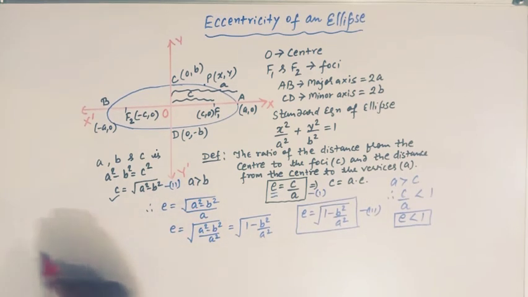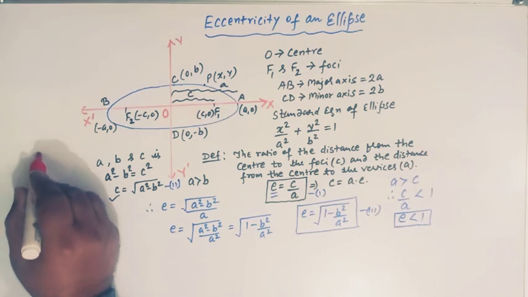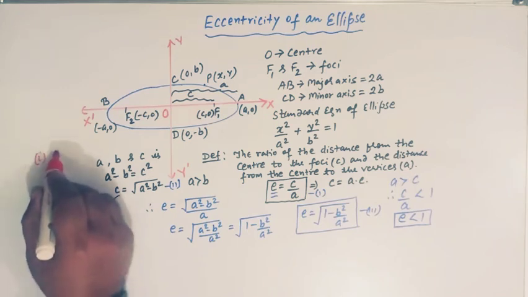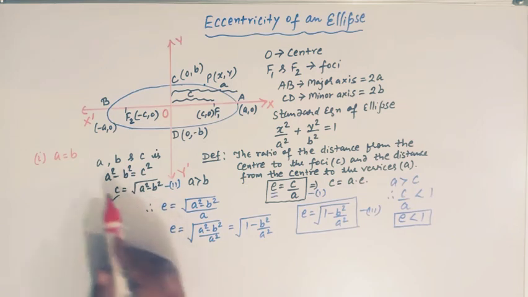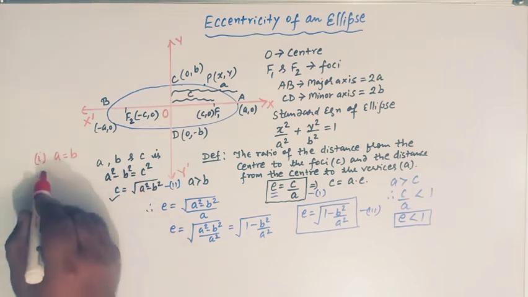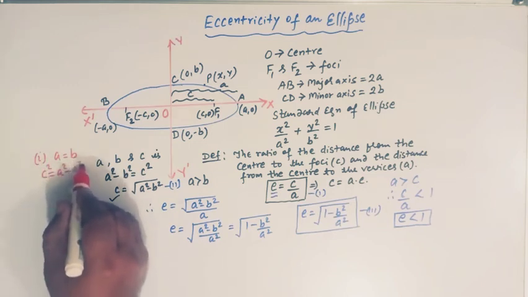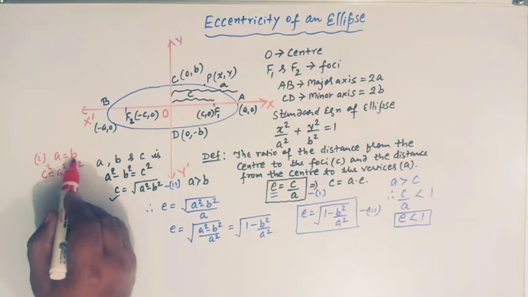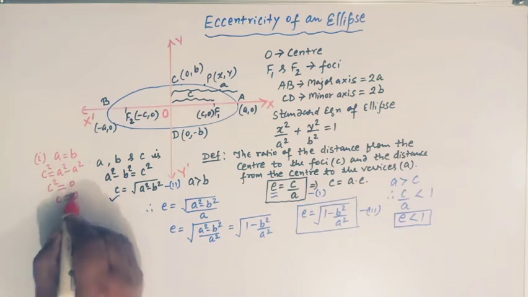Now let us consider some conditions, and the first condition is what happens when a is equal to b. When a is equal to b, from this equation we see that c squared is equal to a squared minus a squared, because a is equal to b, so c squared is equal to 0, so c becomes 0.